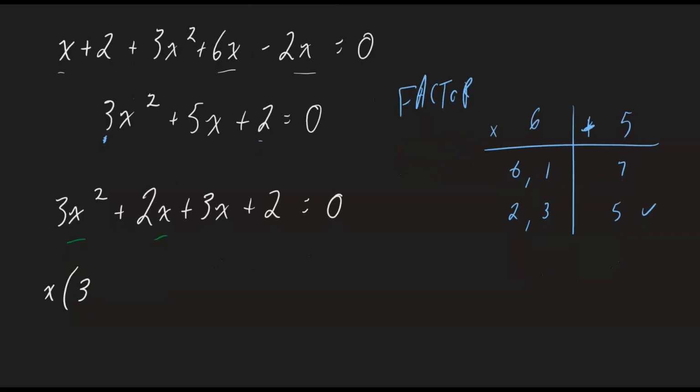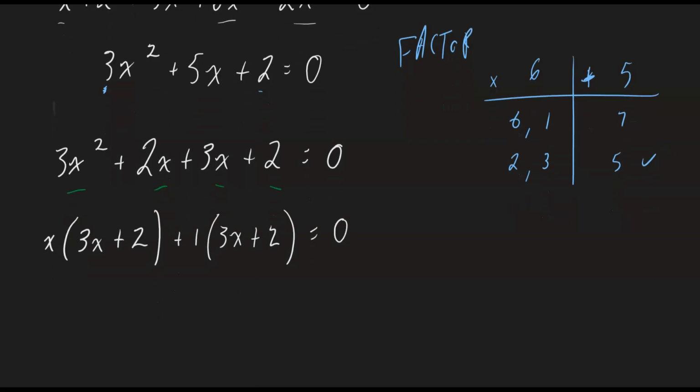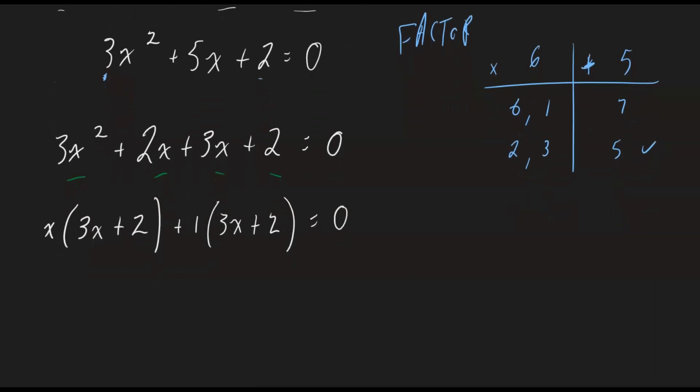We are left with 3x plus 2 plus, oh, no common factor in the last two terms. So 3x plus 2 equals 0. That means we have 3x plus 2 and x plus 1 equals 0.